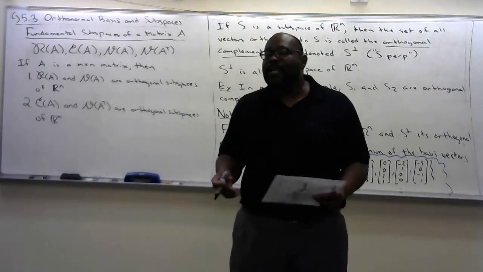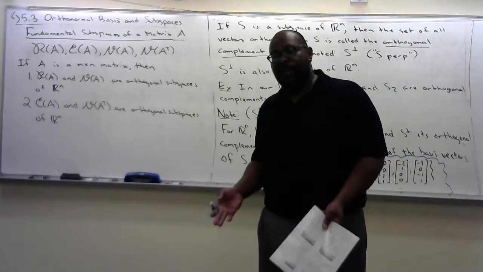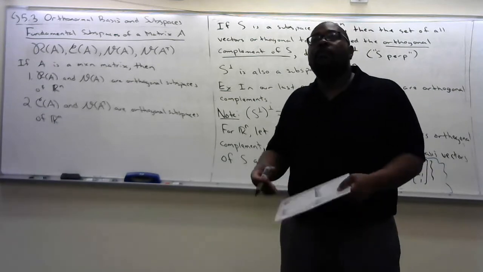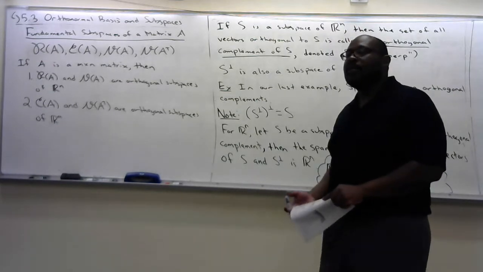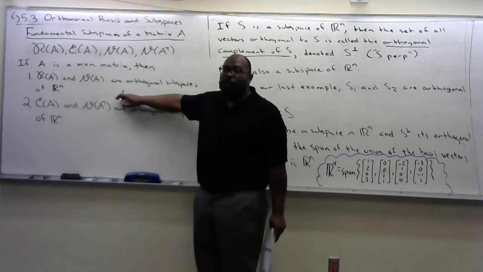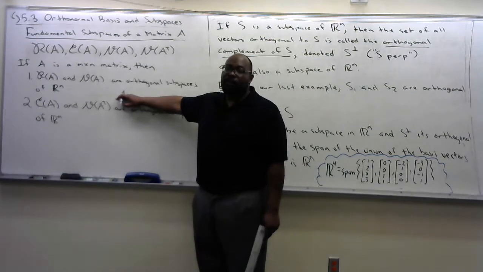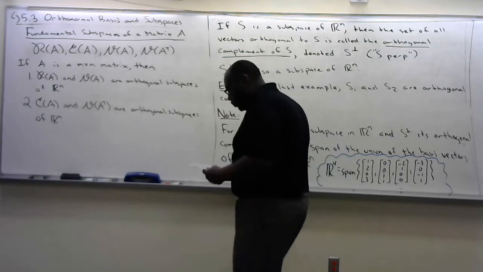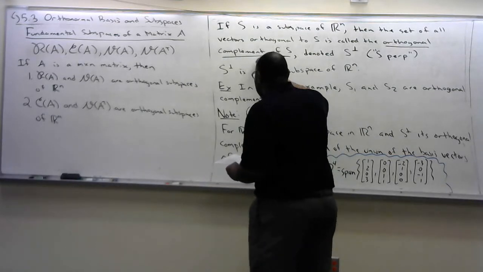So if you tell me what a subspace is and give me the basis vectors of that subspace, then I can always tell you the orthogonal complement of that subspace using this relationship between the row space of A and the null space of A. Let's look at an example. Actually, let me write down the steps first.